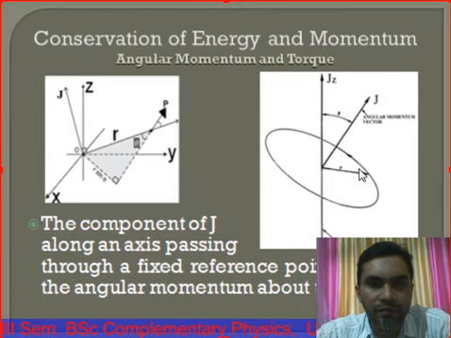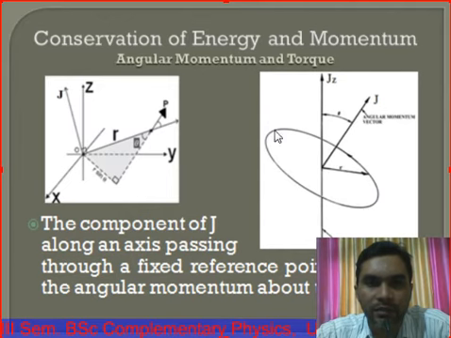Similarly, this picture shows, in the case of an atom, an electron rotating about a nucleus. So we can take this as the orbital motion of the electron. As the electron is orbiting, the position vector r will be measured from the nucleus to the electron. This is the position vector r, and the velocity of the electron will be tangential to the path of the electron.